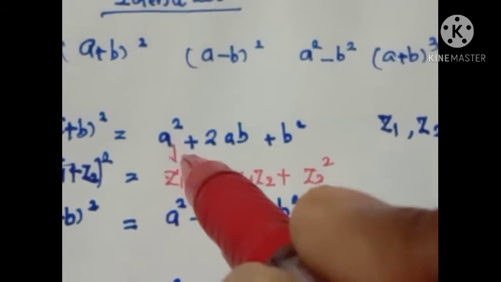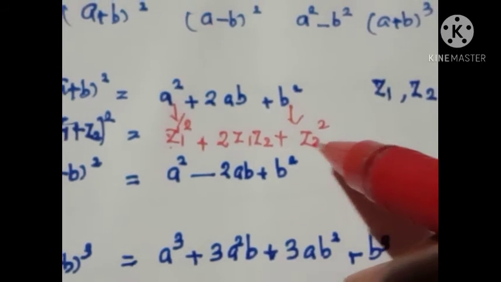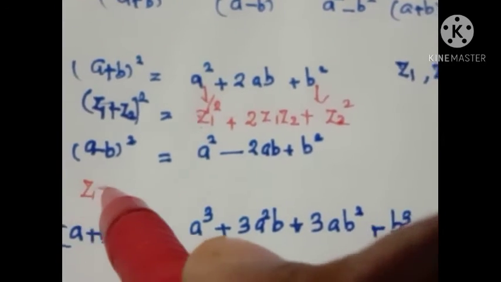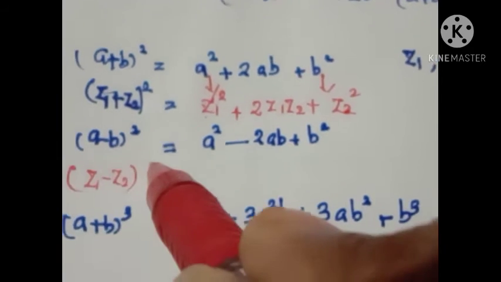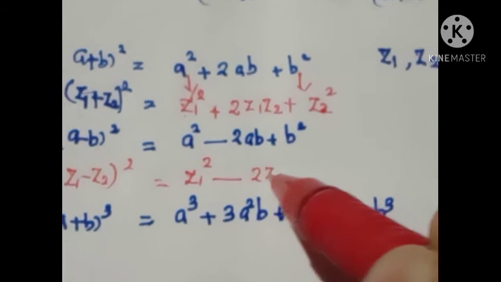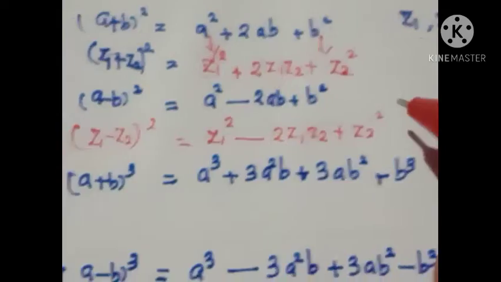Just replace a equal to Z1 and b equal to Z2. There is no other change. Similarly, we can define (Z1 minus Z2) the whole square, that is Z1 square minus 2Z1Z2 plus Z2 square.